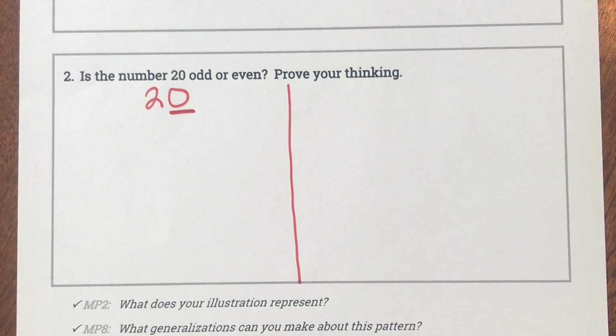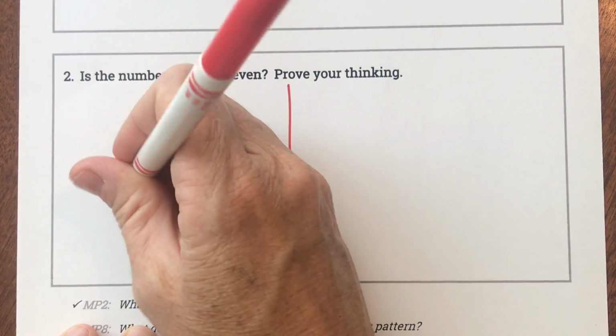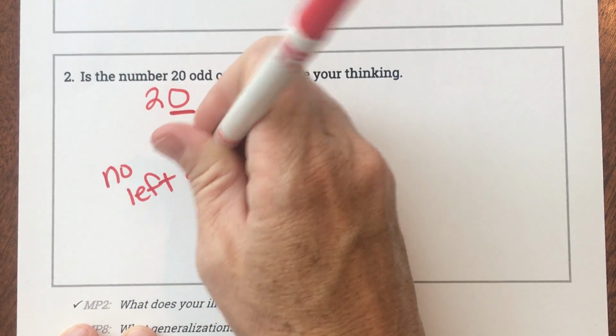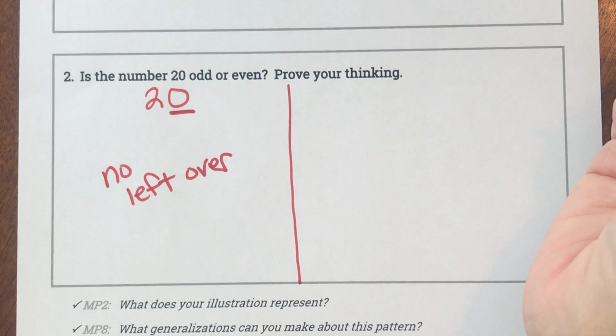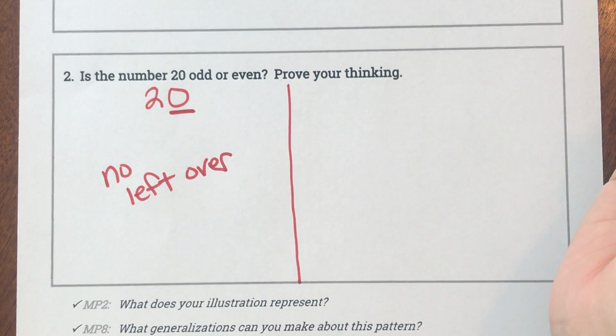It's a 0. So what does that tell me if it's a 0? I can't even draw 0 objects if I want to use my shortcut, right? But let's think about it. Is there going to be a leftover? If there's no objects, is there any leftover? There's really no leftover. So what are you thinking that 20 probably is if there's no leftover?